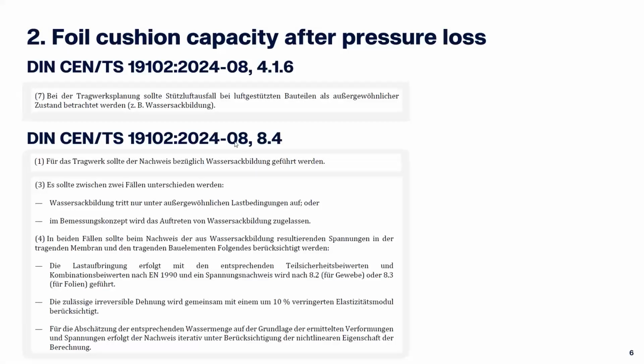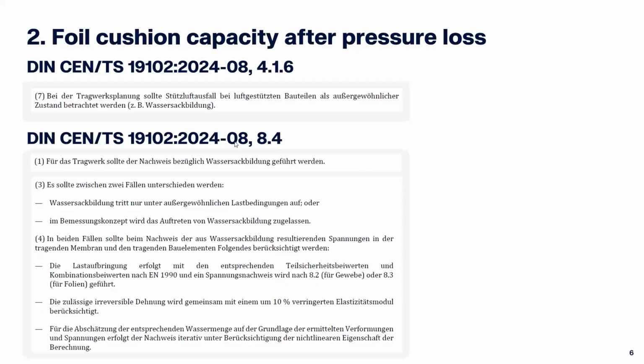It says here in the first part that the pressure loss should be analyzed as an exceptional stage, and then also already mentioning the word ponding, water ponding, and down at the bottom we have some more requirements that ponding loads should be considered and analyzed.